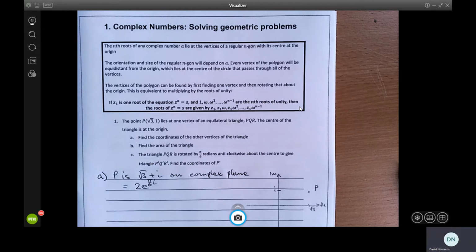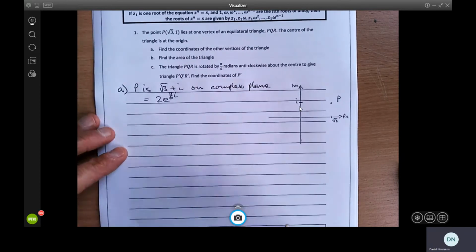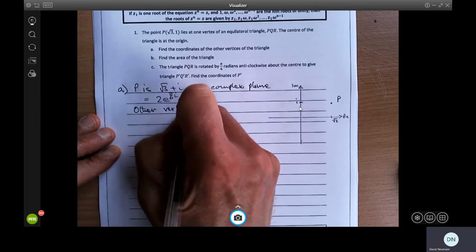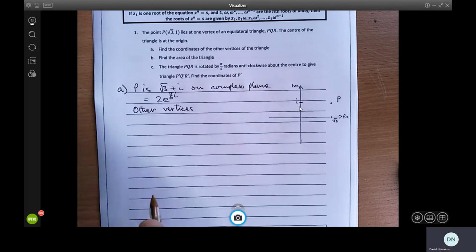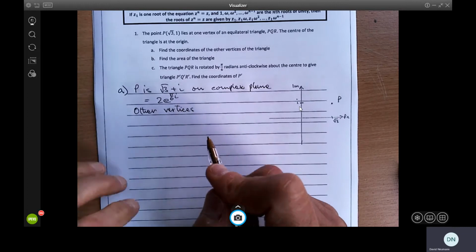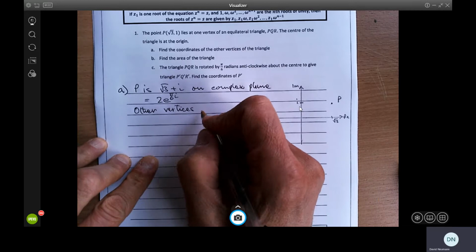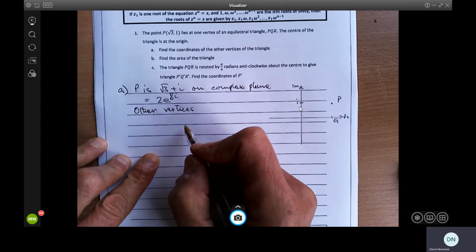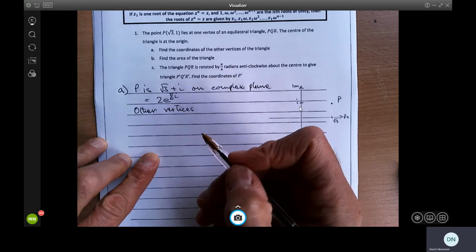So the other vertices of the triangle on the complex plane, well, we want to rotate by multiplying by the roots of 1, cube roots of 1 rather. So we often write the cube roots or the roots of unity as omega and powers of omega.